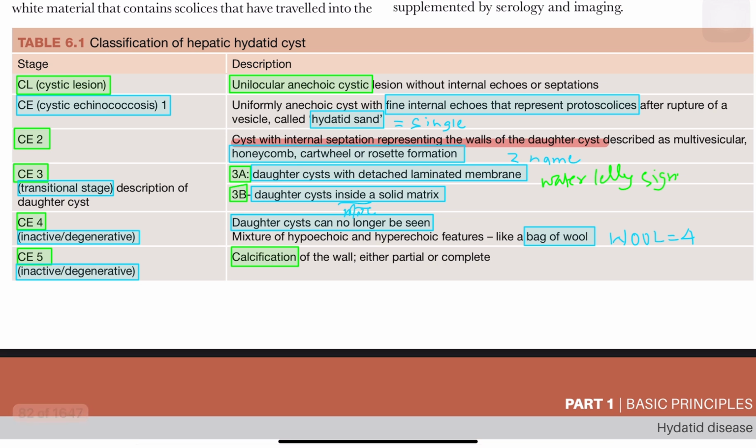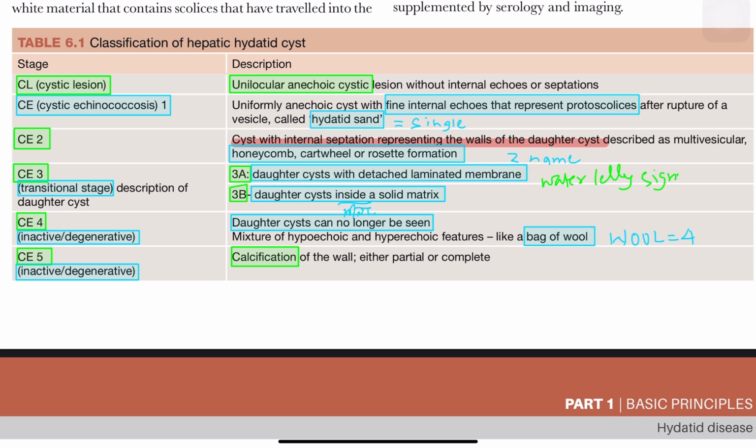Now 3 is also divided into 3A and 3B. 3 is the transitional stage. 3A is daughter cyst with detached laminated membrane, and 3B is daughter cyst inside the solid matrix. 3A is also known as the water lily sign.